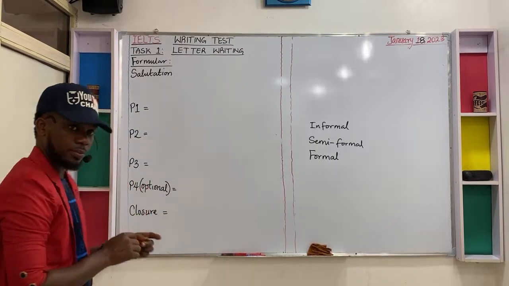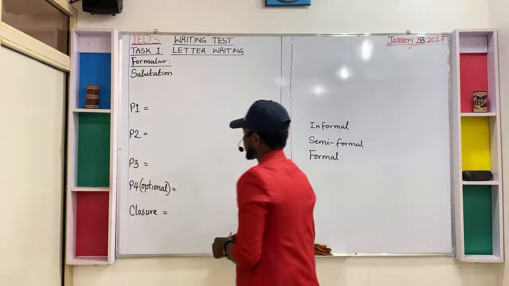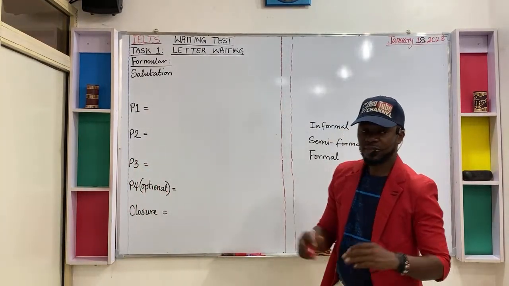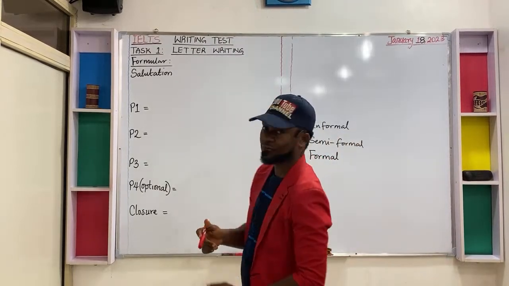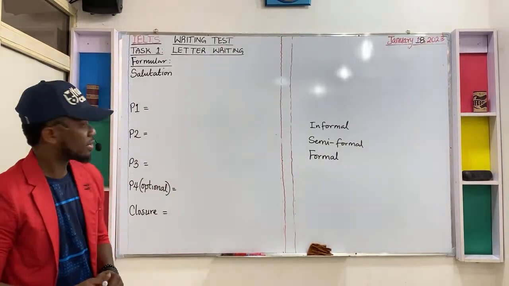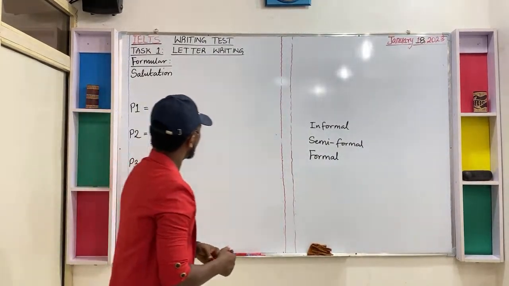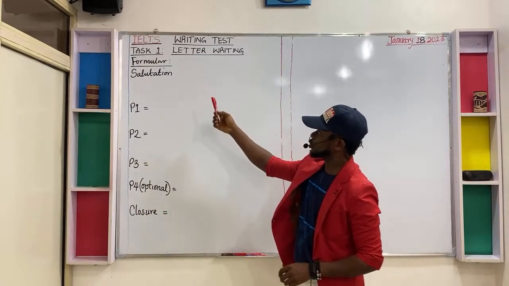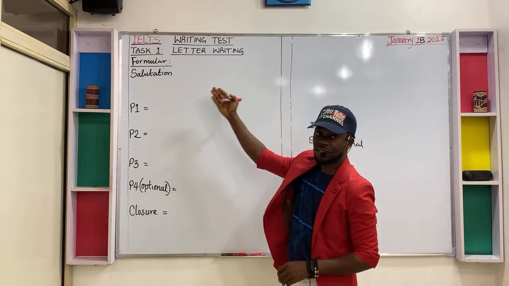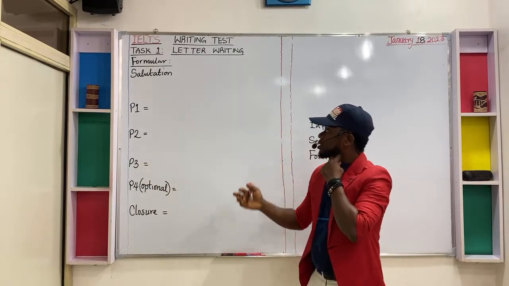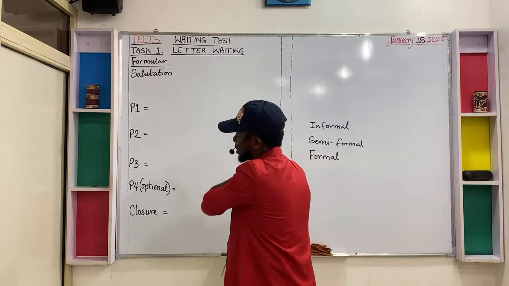Okay, here is the formula for writing a letter. Whatever type of letter it is, this is the formula for writing letters. So, good morning, welcome. First and foremost, your letter should have a salutation. You're meant to express salutation when you begin your letter.